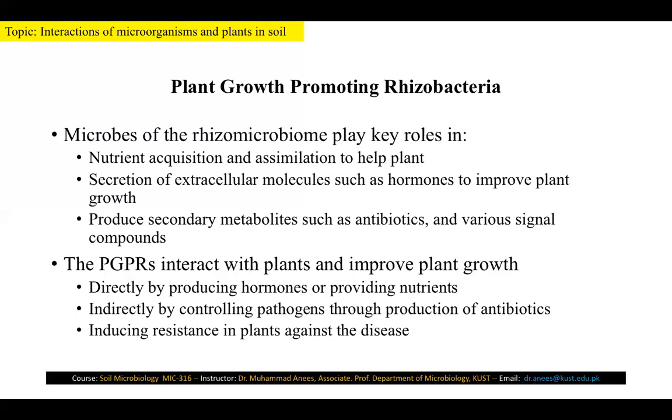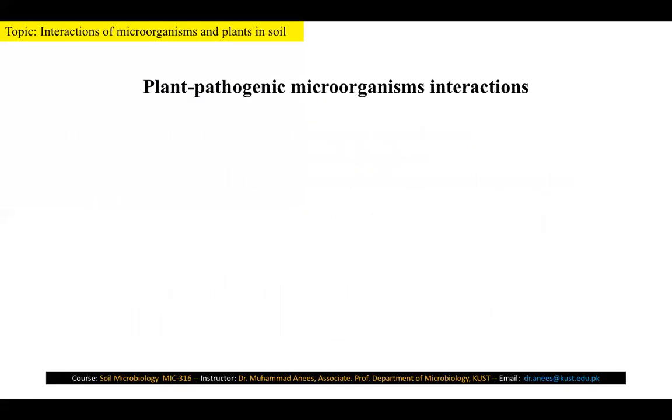And a third way these bacteria help in controlling diseases is inducing resistance in plants against different diseases. So these are different ways the plant growth promoting rhizobacteria can interact with the plant roots.